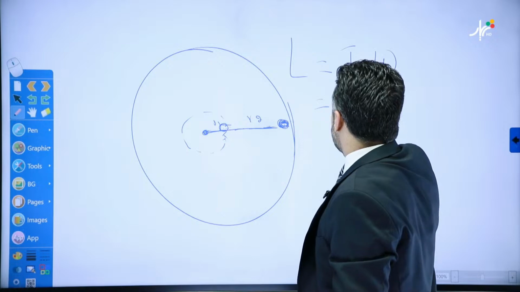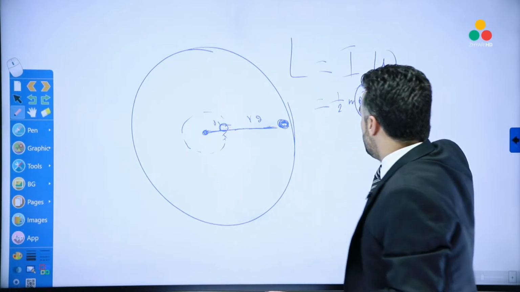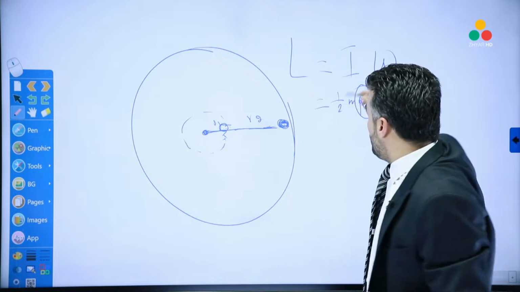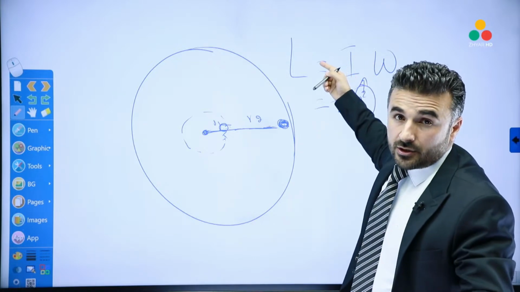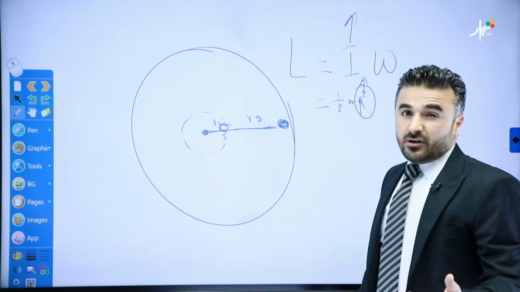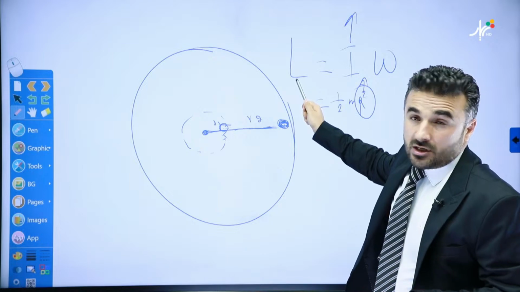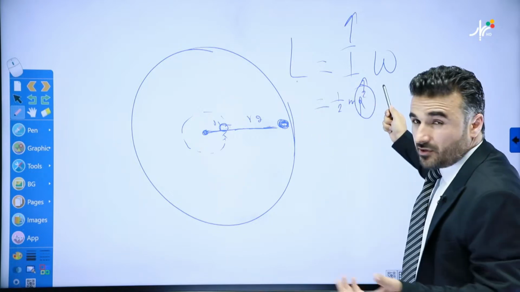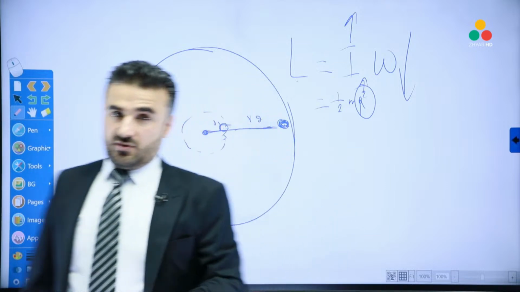If we consider this as a disk, 1 over 2 m r squared, the radius will increase. If r is increasing, what do you think will happen to the moment of inertia? Excellent. Moment of inertia will increase. If moment of inertia is increasing, and the mass doesn't change, what do you think will happen to the angular speed? Of course, it must decrease, and that is the correct answer.